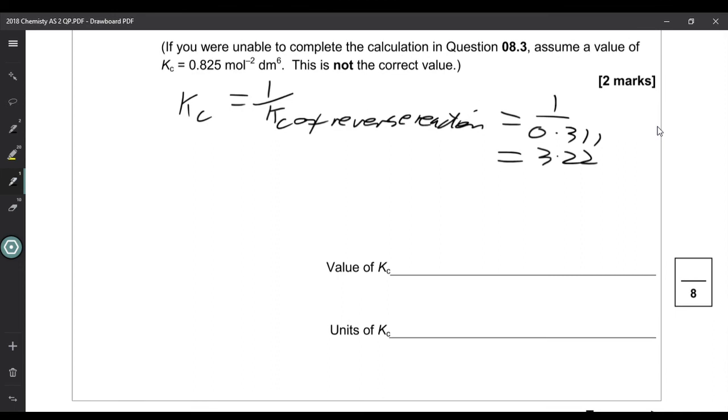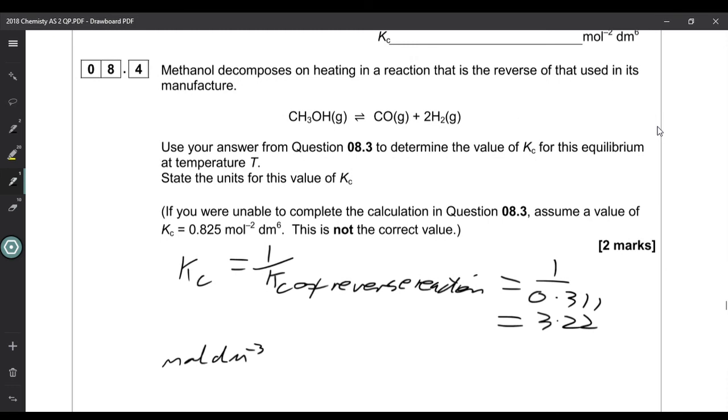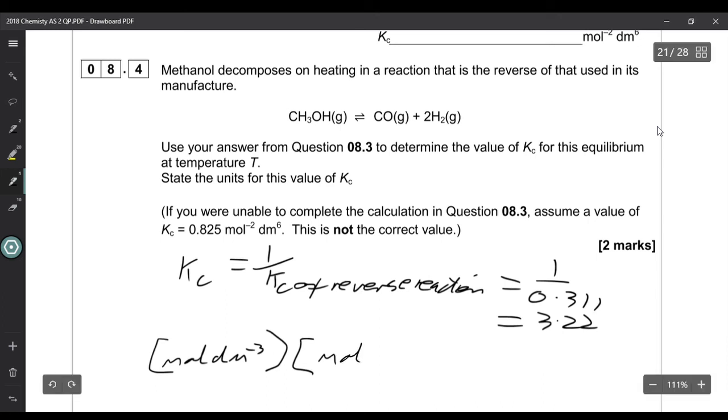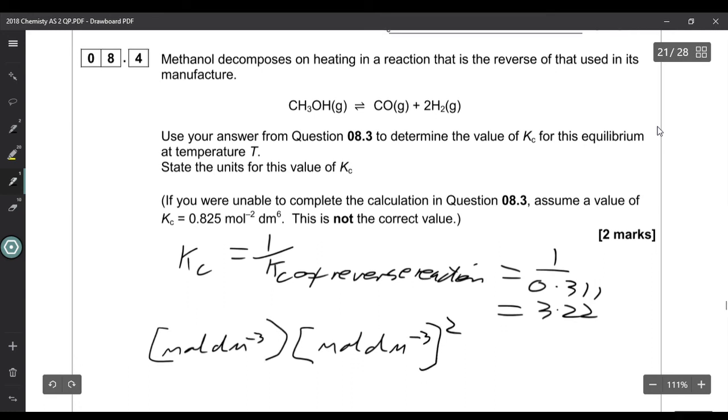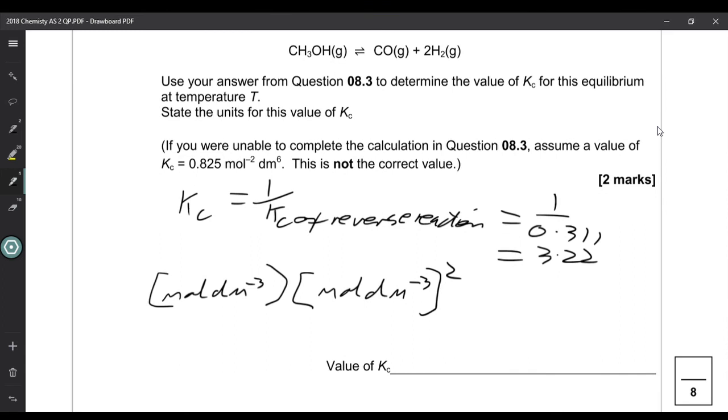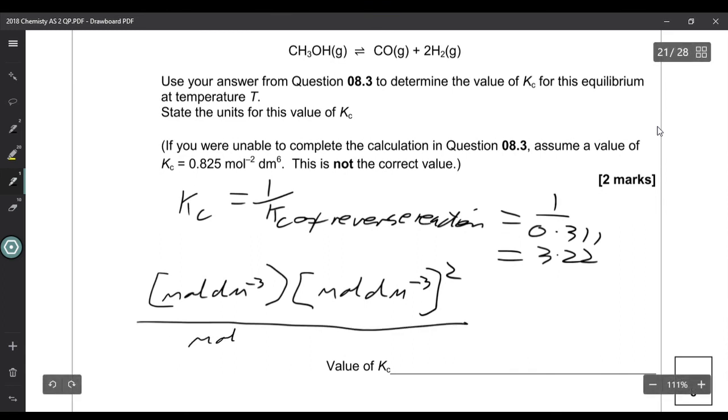a mole per dm cubed from the first product, which is carbon monoxide, and we've got our concentration of hydrogen, which is mole per dm cubed, and that is squared, over a mole per dm cubed from our methanol.